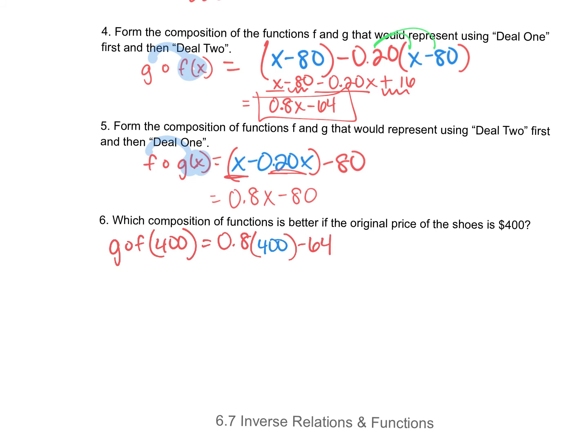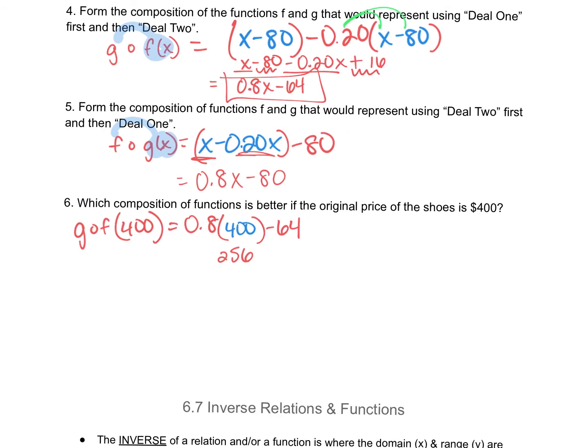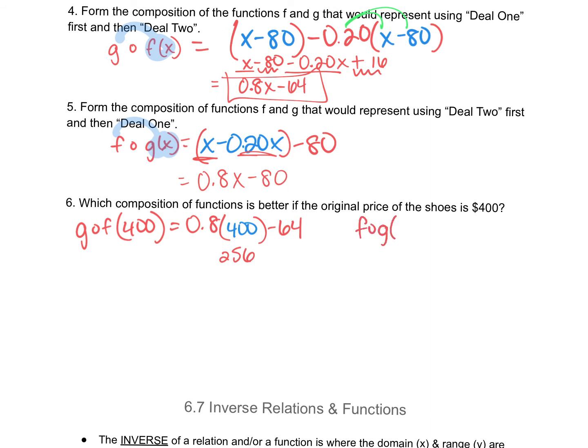Stick that in your calculator and you get 256. All right, now let's do the other one to see which one's the better deal. Let's do the f of g of 400. So this would be 0.8 times 400, because you're plugging that in there, minus 80.